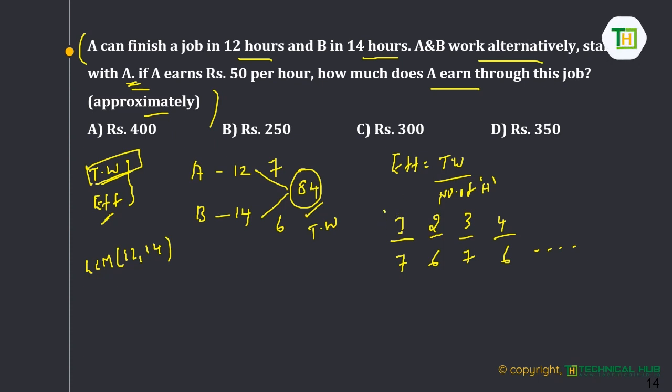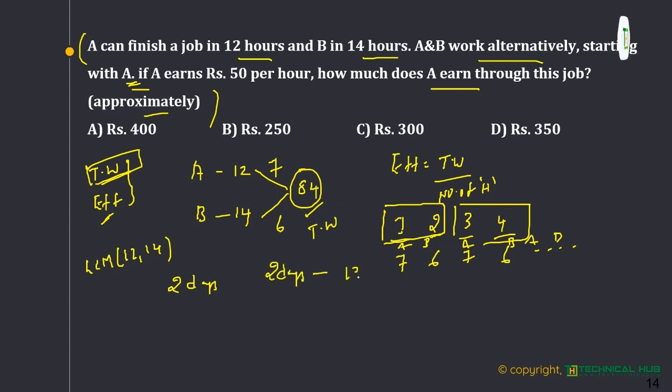See, if we observe here, every 2 hours the cycle repeats: AB, again AB, again AB. It means every 2 hours they can do 7 plus 6, 13 units.